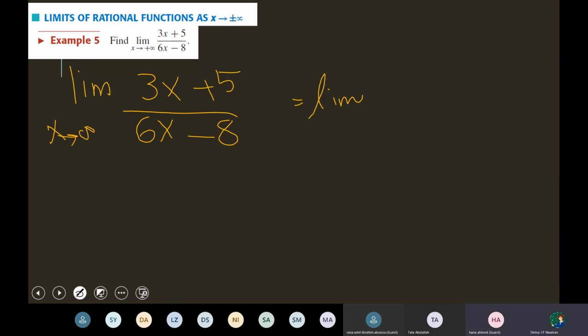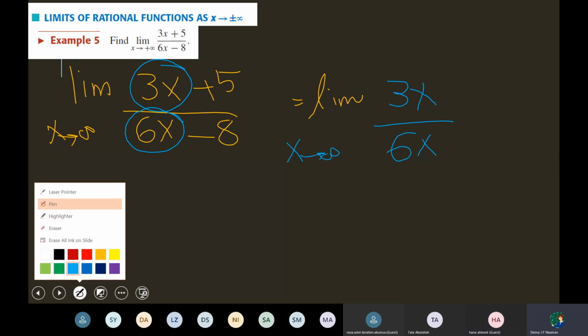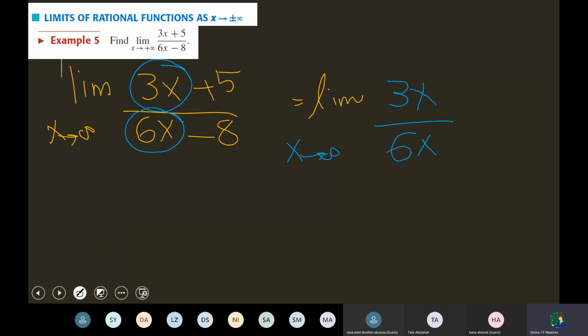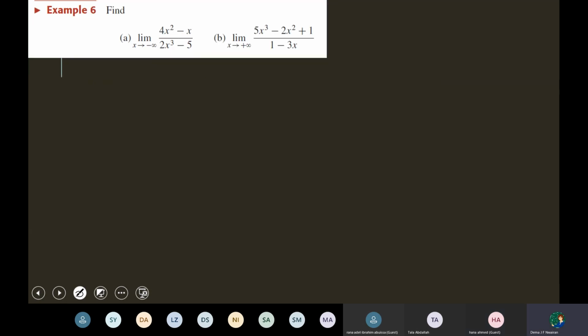Who can tell me what is the highest power? x to the power 1. 3x. And in the denominator, it's also 6x. Then after that, I want to simplify it. Can I simplify it? Yes. So the answer will be 3 over 6 or 1 over 2. Is it clear? Yes.